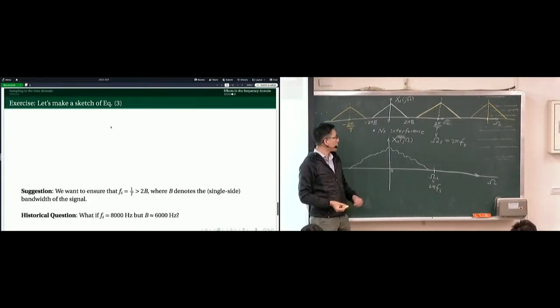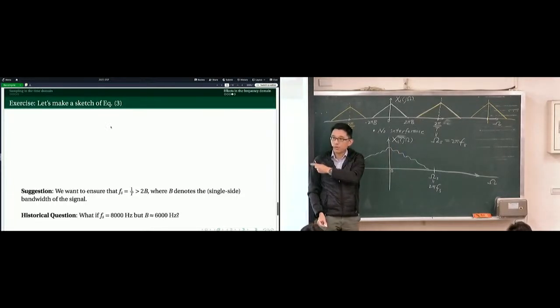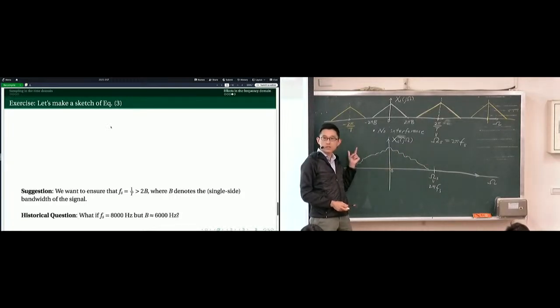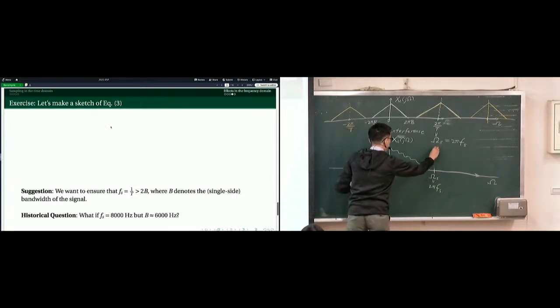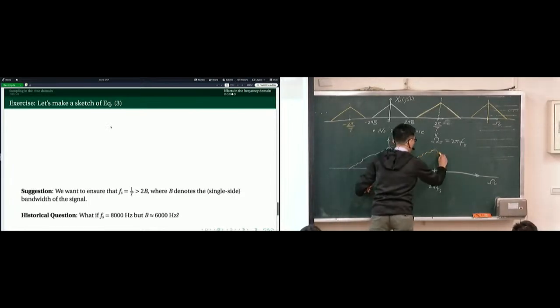And still we sample this signal with the same sampling period. Therefore, in the frequency domain, this spectrum is also going to be shifted to the right and to the left. So at the same sampling rate, now it's shifted to the right. Now we get this extra copy right here. Something like that.